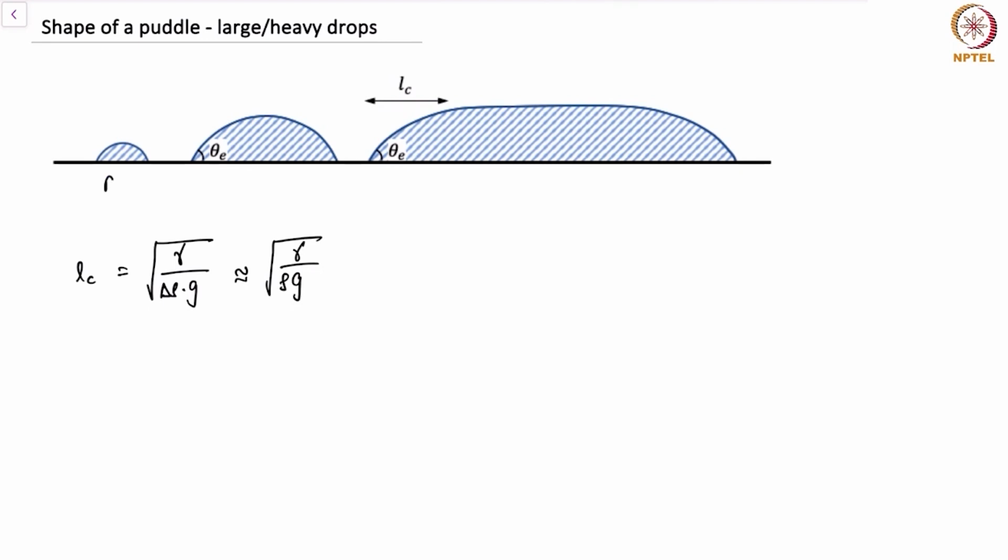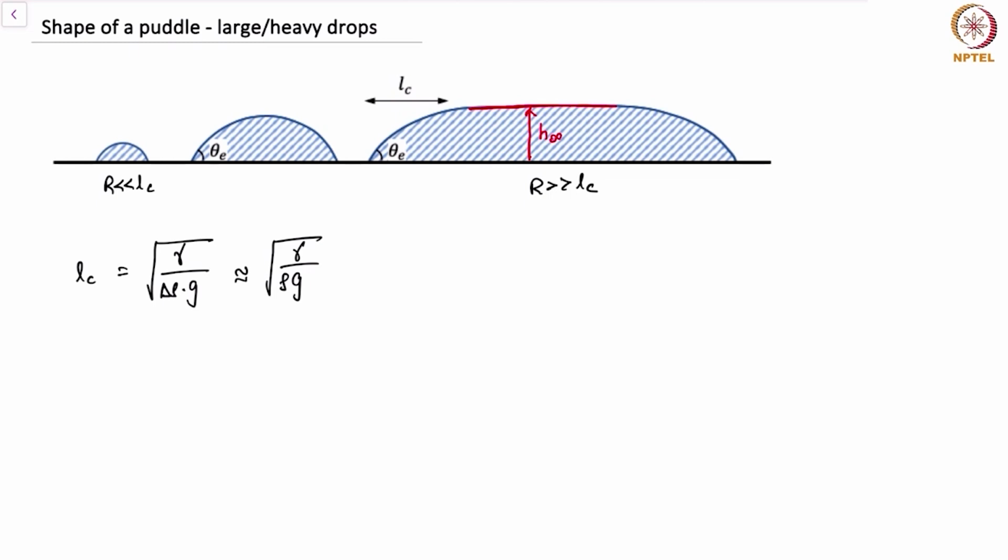So in this case, the radius of the droplet is much smaller than the capillary length, and in the other limit, radius is much larger than the capillary length. And when this happens, the upper surface of the droplet basically tends to flatten out, and this flattening leads to a constant thickness, which we'll call H infinity. H infinity is the thickness of the droplet far away from the contact line.